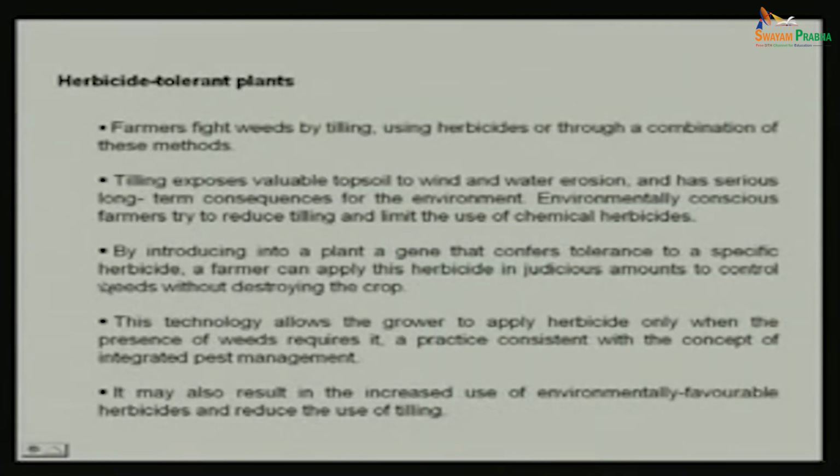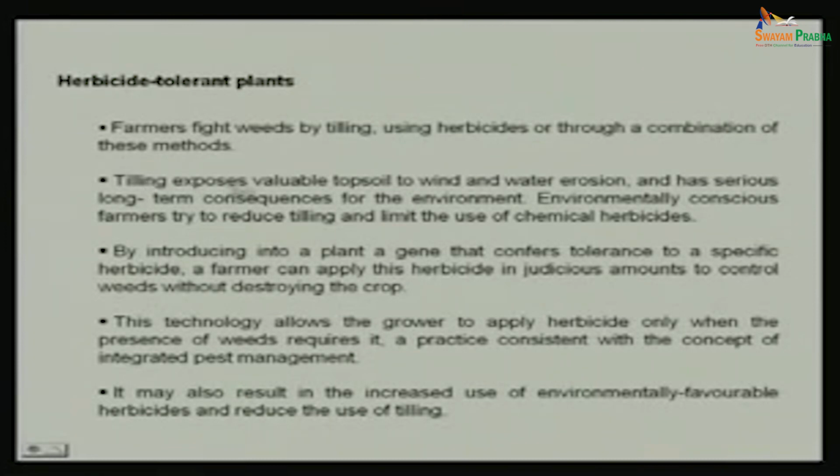So, this is one of such example. If we see another example, that is the herbicide tolerant plant. Now, when we are talking about this herbicide tolerant plant, the farmers fight against weeds by tilling, using herbicide or through a combination of these methods.